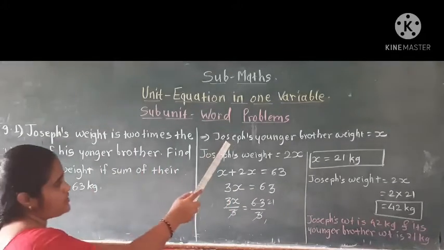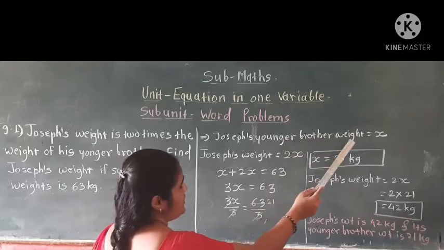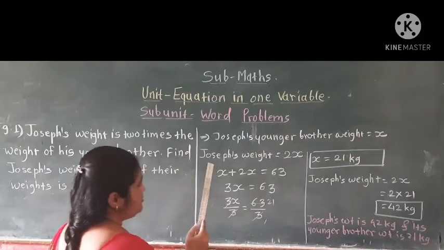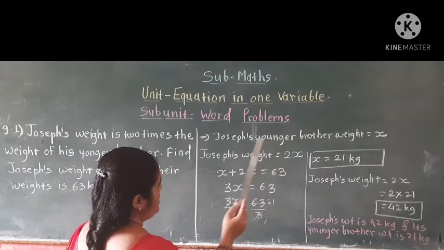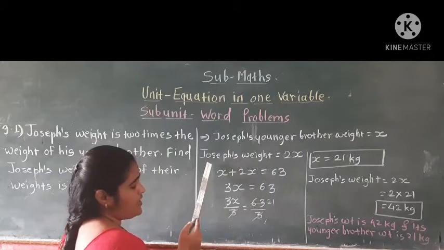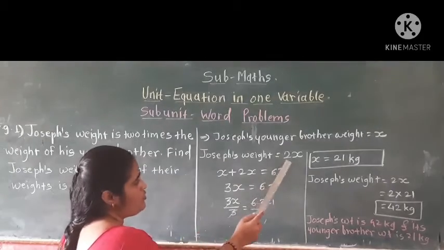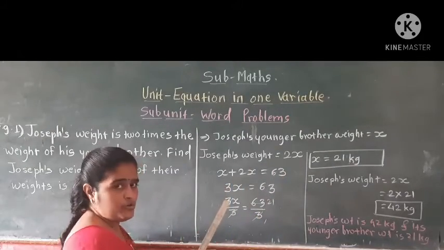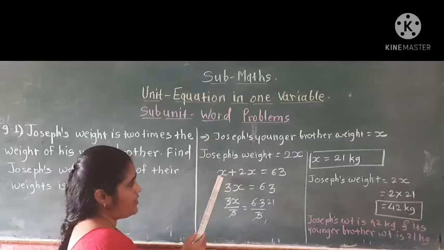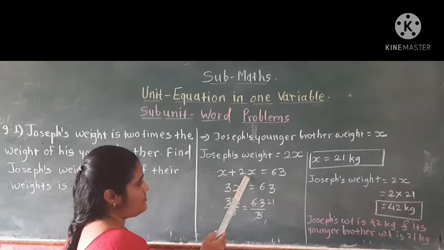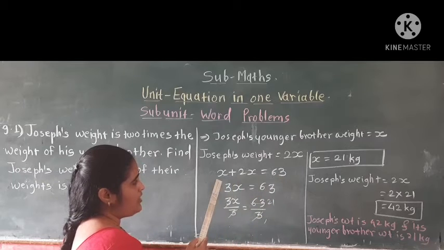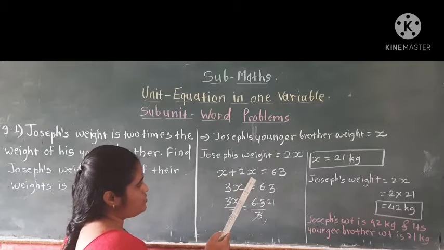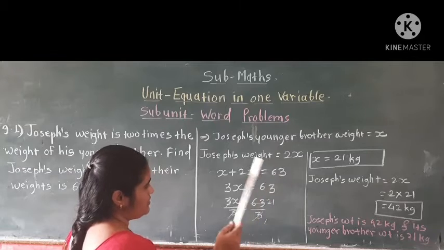First, we consider Joseph's younger brother's weight as x. Then Joseph has 2 times more weight than his brother, so the weight of Joseph is 2x. According to the condition given in the example, the sum of their weights is 63. Therefore the equation is x plus 2x is equal to 63.